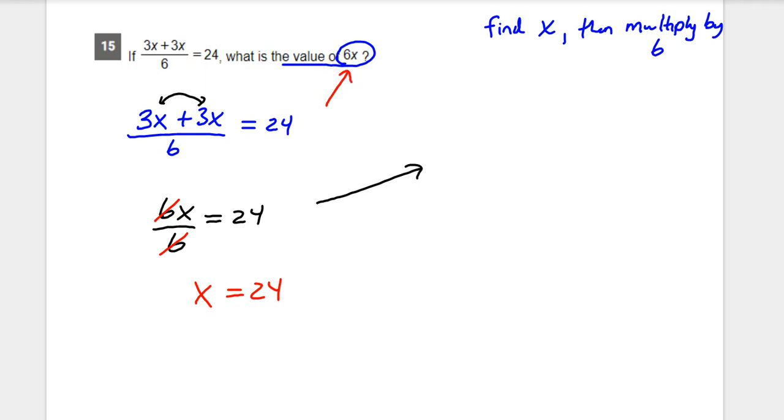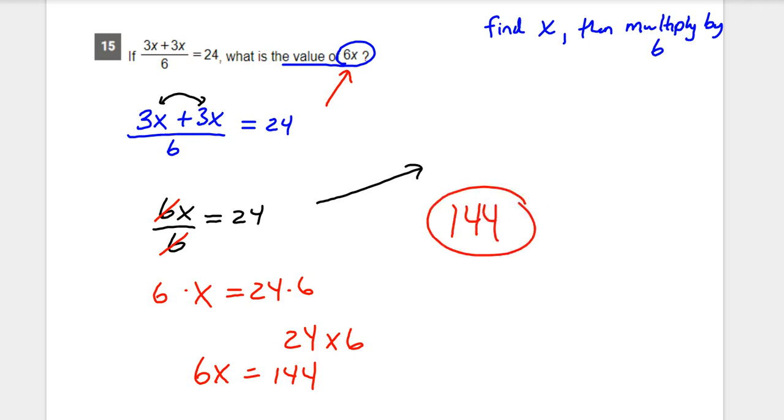You're basically now having to times 24 by 6 again, times both sides by 6, and you'll find out that 6x equals 144. So it wasn't a huge waste of time, but you kind of chased your tail by dividing by 6 and then having to multiply by 6 again. But the correct answer is 144.